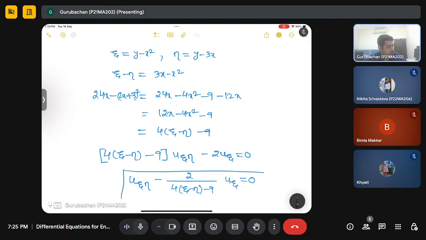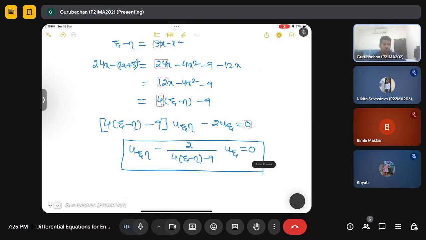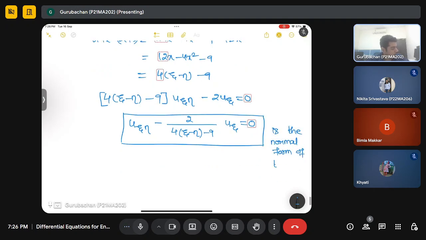So this is your canonical form for the first case. That is almost everywhere, because x is not equal to 3 by 2. This is the normal form of the given PDE.